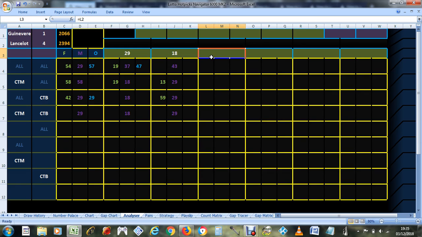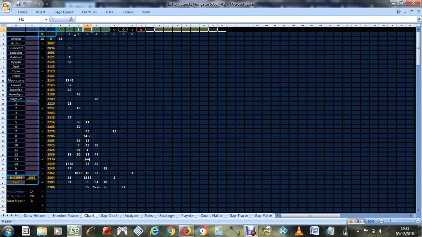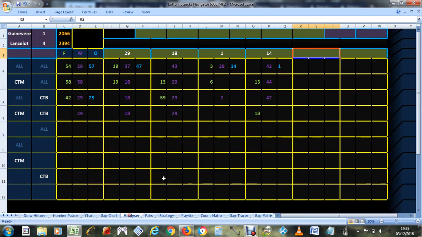Now, some other numbers that I've been looking at, 1 and 14. Because they've not occurred together yet. A bit daft though, putting that on, I don't know.